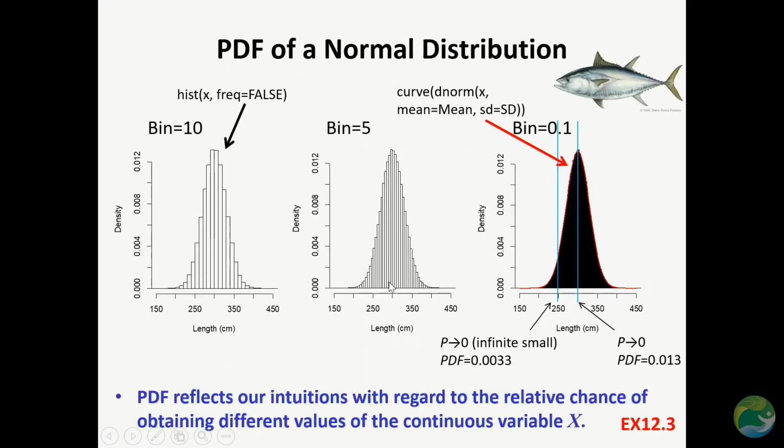All right. So we are going to calculate the density for a very, very small interval and see what happens. Density for a bigger interval, density for a moderately small interval, density for a very small interval.